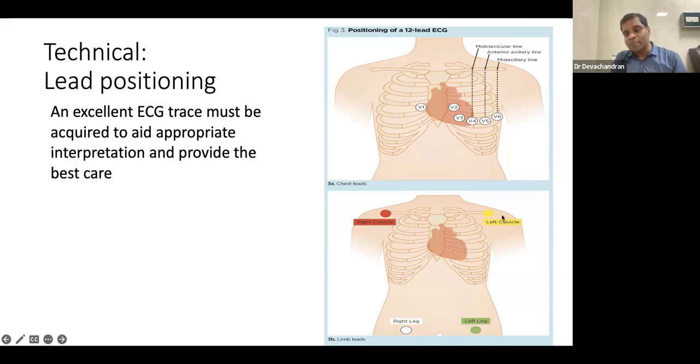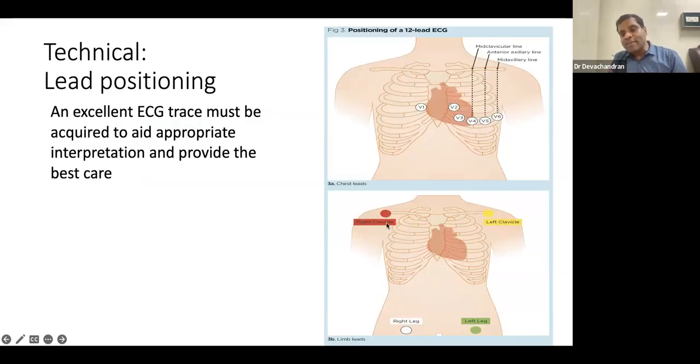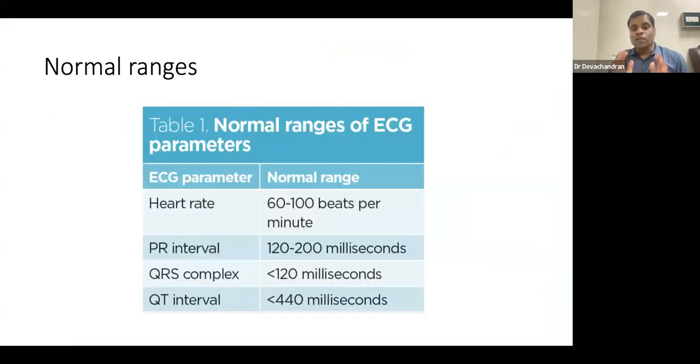This is the left arm lead. Sorry. So the red is called AVR. The yellow is called AVL, and the green is called AVF. Quite often you will have a white lead, which is kind of a neutral lead, which goes on the right leg for recording.